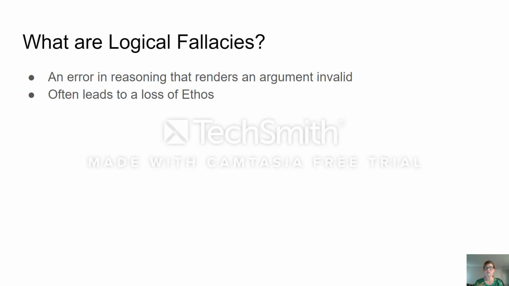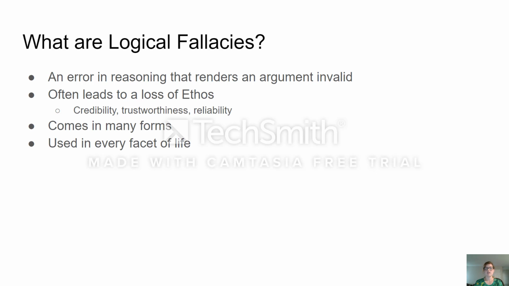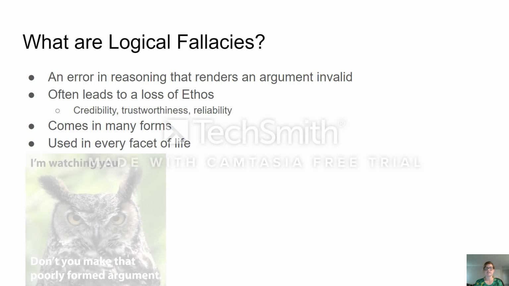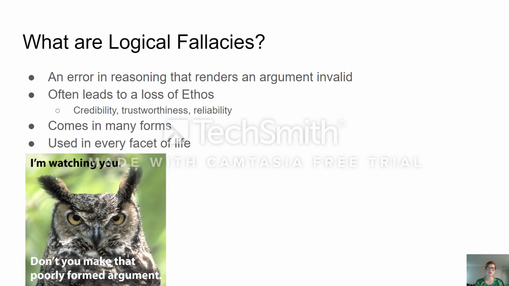If you make a bad argument, it makes you less credible, less believable, less trustworthy. They come in many forms, and they're used in pretty much every facet of life, sadly. So a logical fallacy is basically fake logic. Fallacy, false logic. Logic is the way that things make sense, right?